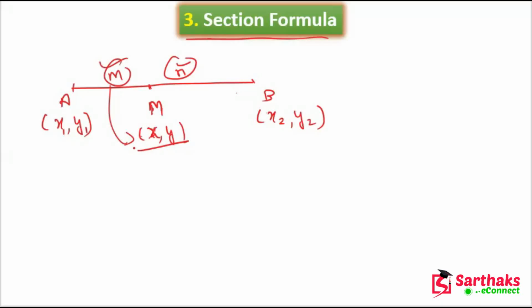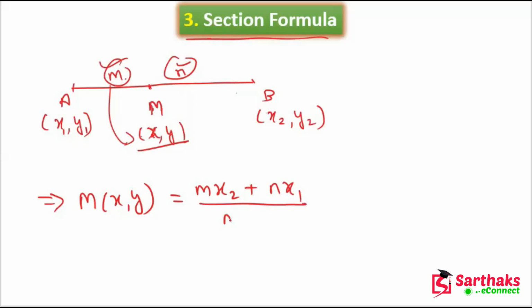Then the section formula for determining the coordinates of the point M is x, y equals, I'm going to write the formula: we multiply m into x2 plus n into x1, divided by m plus n.